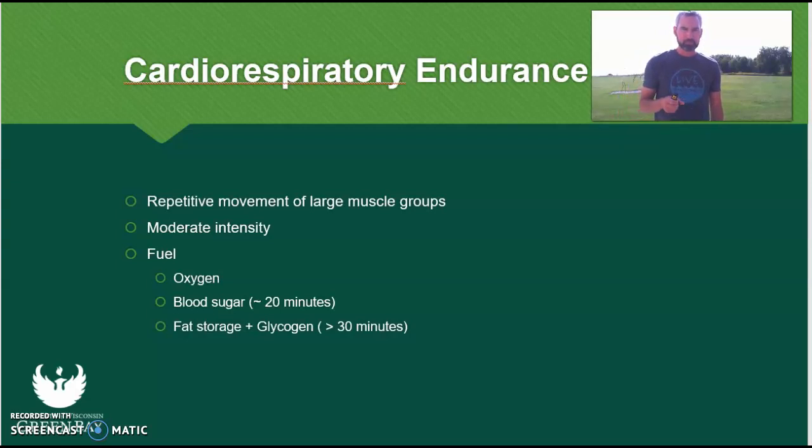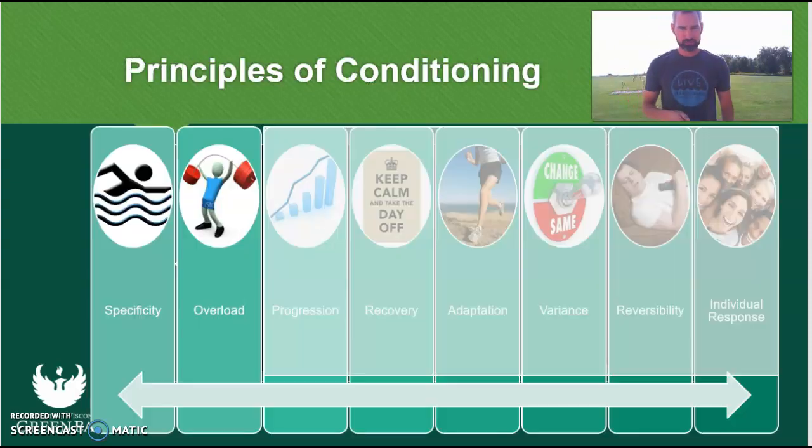And again, just to review, our blood sugar and our glycogen, muscle sugar, is the primary fuel for activity within that first 20 to 30 minutes of activity. After that, especially if the intensity is low, we begin to burn fat storage. So again, think about those energy systems.